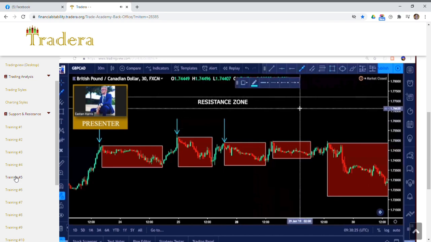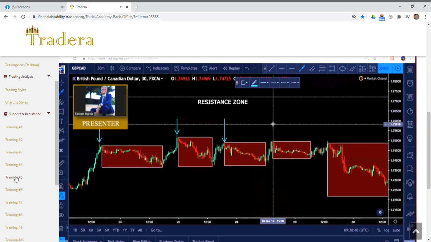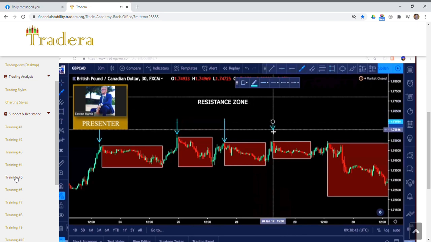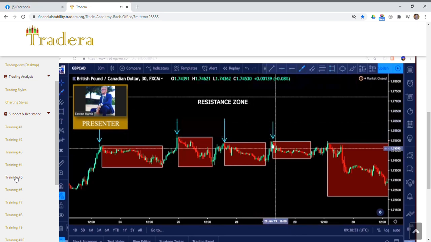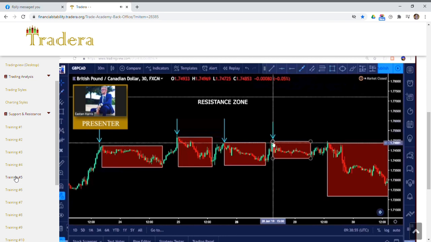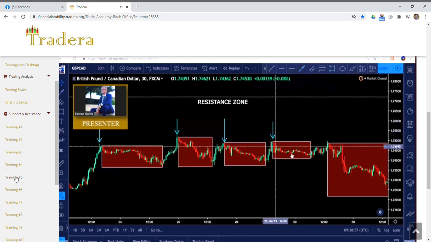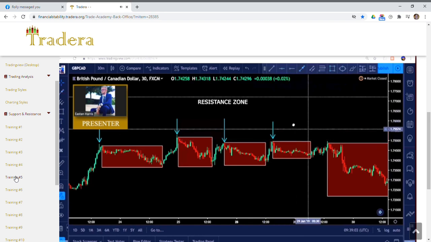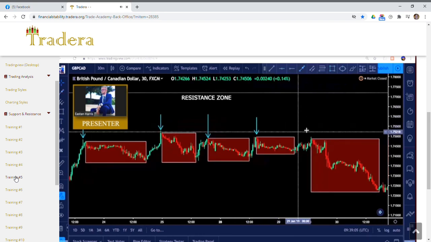I'm walking you through very slowly how to do this so y'all understand exactly how to do it. Before long, you guys will be so fast at marking these up. This is where this bearish move originated from, right here. Now this move, where did this move originate from?